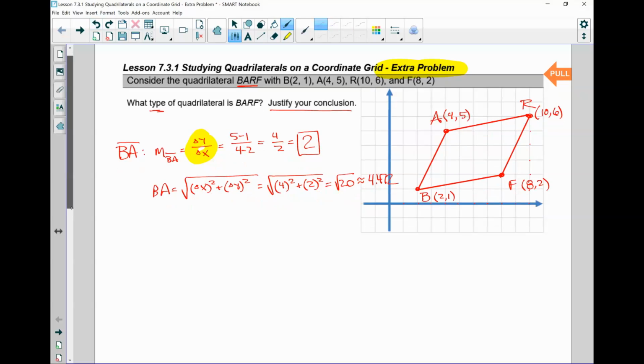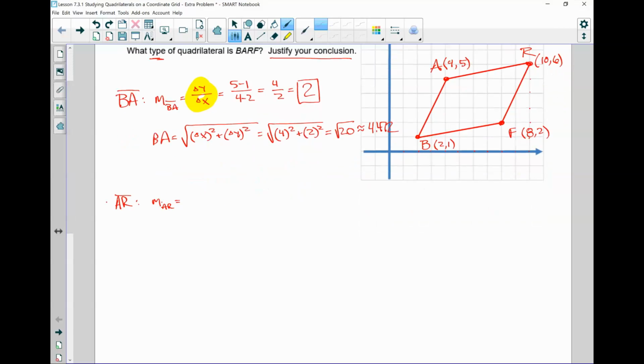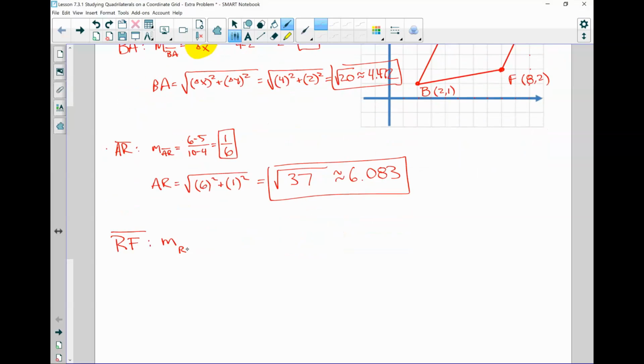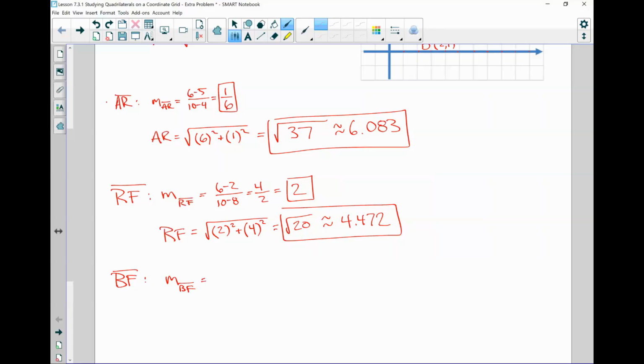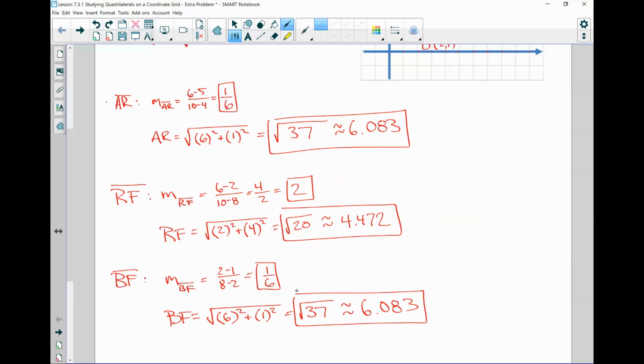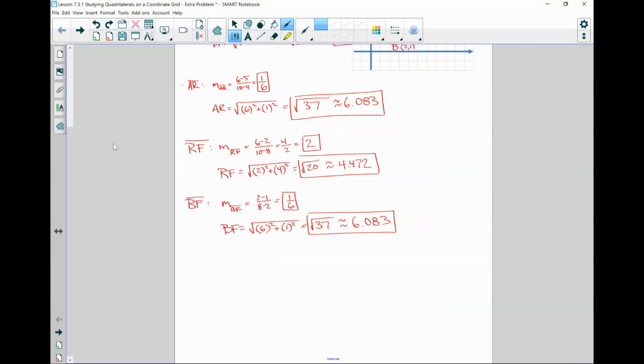Here we go. Okay, folks, so I've got all four sides calculated, their slope and their length.